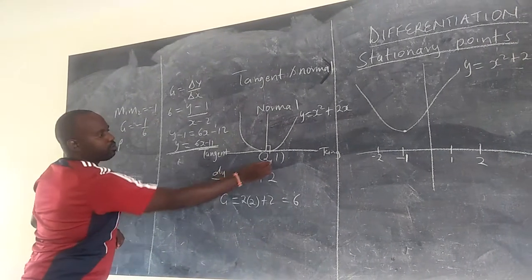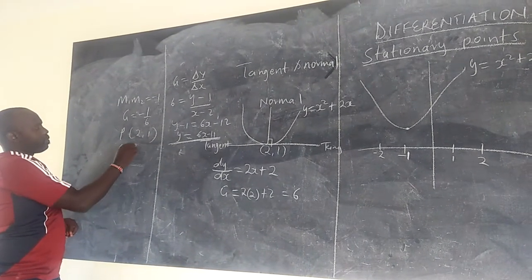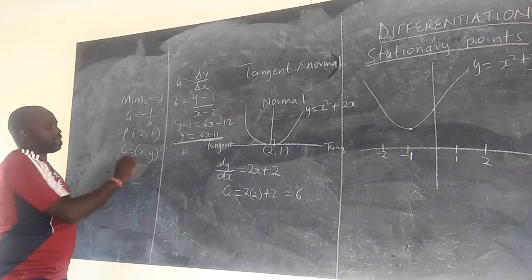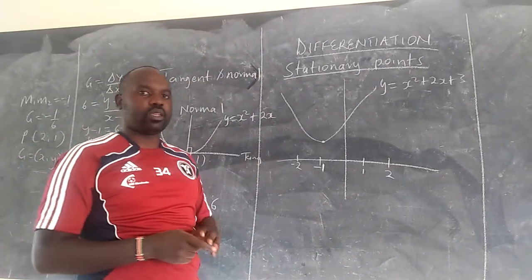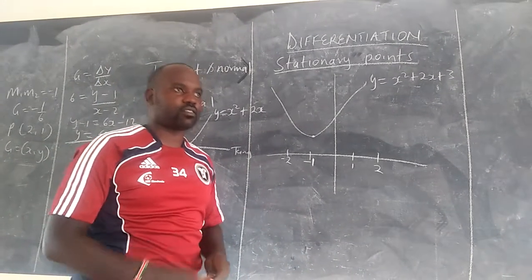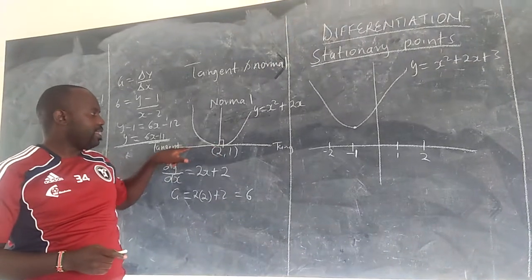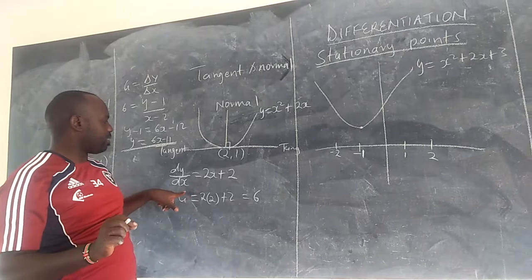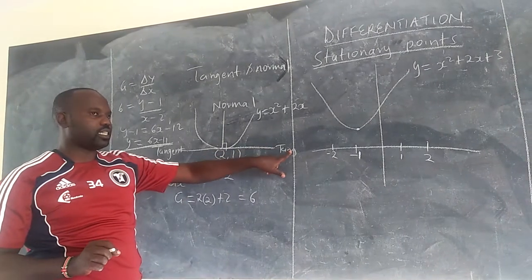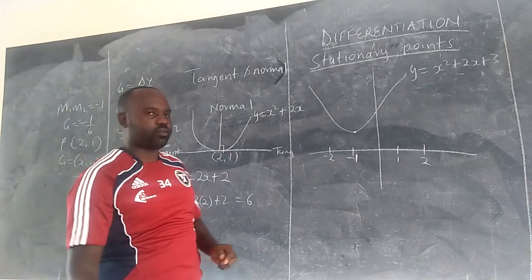The point remains the same point, (2, 1), and you get the general point (x, y). You go ahead and you find the equation. We tackled that one, and most of you have done the exercise, which is very good. But my main emphasis: the gradient that you first get from dy/dx is the gradient of the tangent. The other one is the negative reciprocal of that.